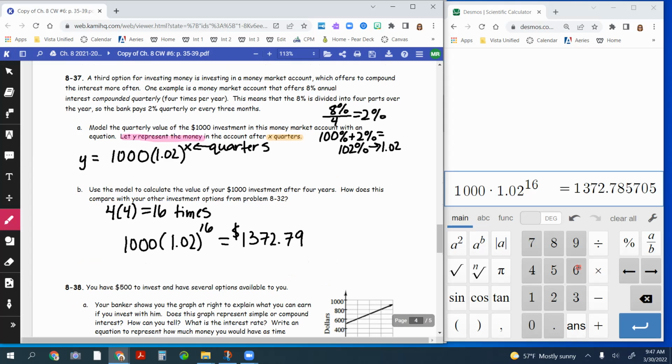So this is going to be the best situation. This is going to be better than the other two, which were 8% simple and 8% compounded annually.